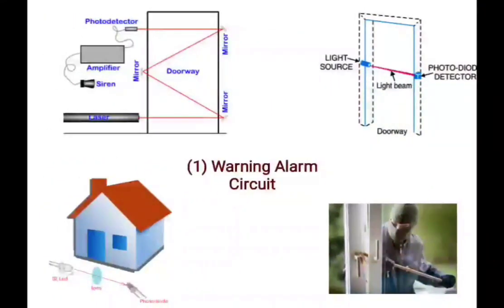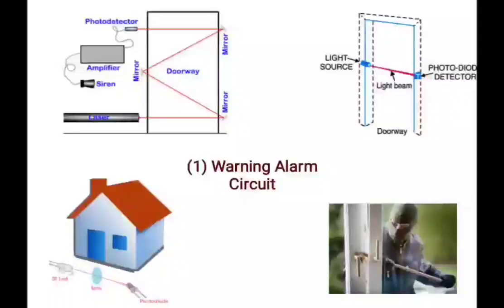One of the popular uses of photodiode is a warning alarm circuit. Here in the doorway, we set an infrared light in such a way that the light always falls on a photodiode. As the diode is already connected in reverse bias, a reverse current flows through the diode in the alarm circuit.